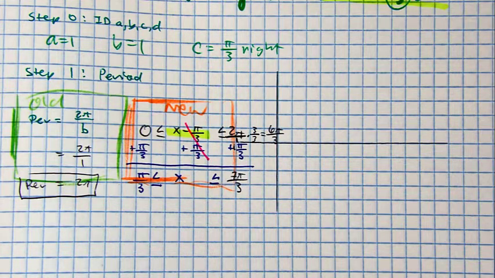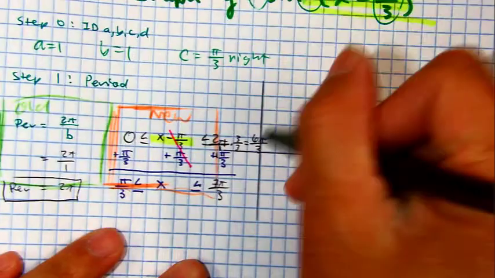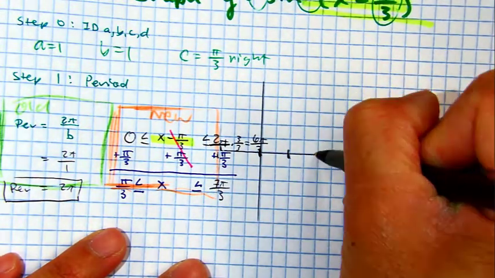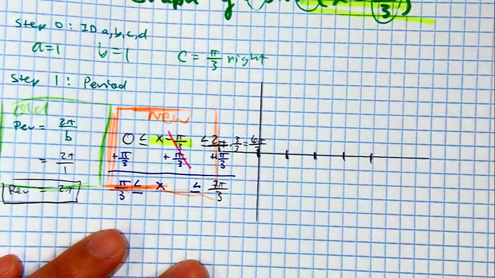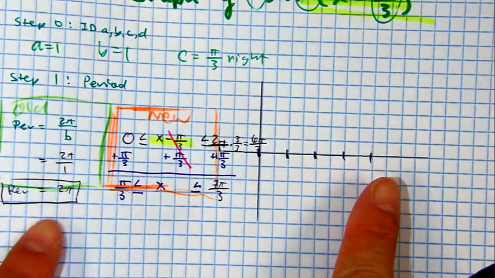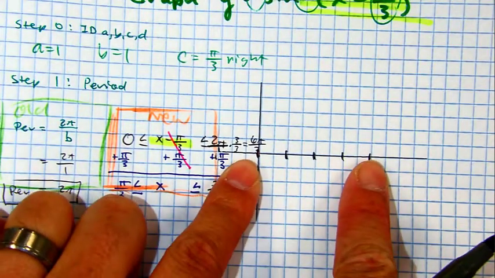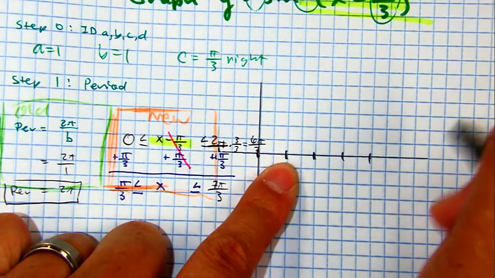We would normally have 4 equal intervals or 5 points. So this is what we would normally do. 1, 2, 3, 4, 5. The period would normally start at 0 and 2 pi, but it's been shifted where? To the right. So I'm going to have to add another point.